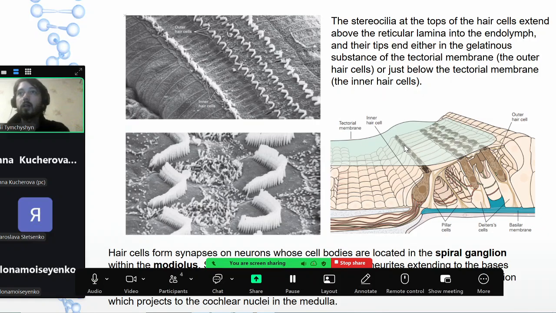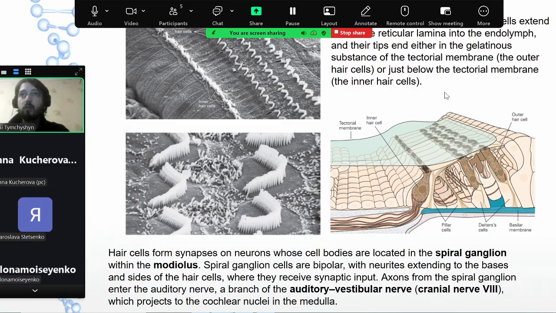Here you see the tectorial membrane, and the stereocilia at the tops of the hair cells extend above the reticular lamina into the endolymph, and their tips are in either the gelatinous substance of the tectorial membrane, for the outer hair cells, or just below the tectorial membrane, for the inner hair cells.